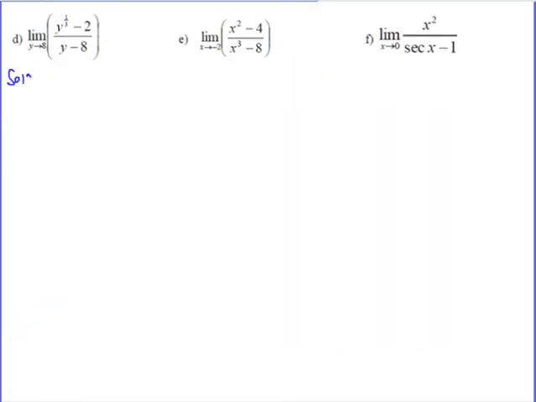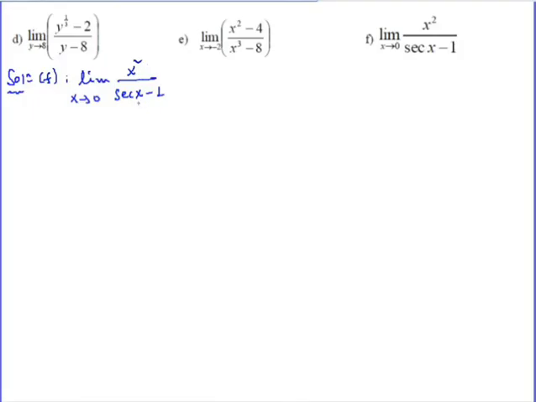So the limit in the f part: in f we have the limit of x squared over sec x minus 1, as x approaches 0. Always check first by substituting the number. If you check x equals 0, it becomes 0 over 0.